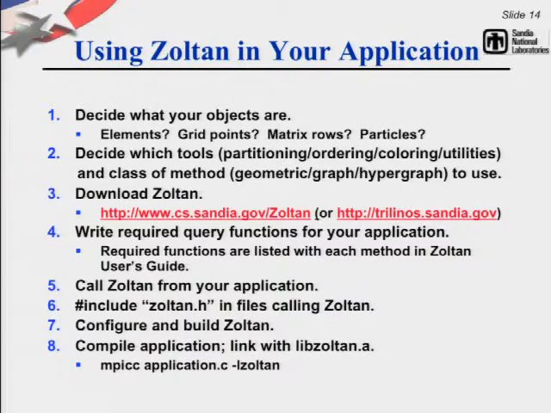Of course, you also need to include the necessary header files, and you need to configure and build it. But it's pretty simple to use because it doesn't have external dependencies. To link with Zoltan, you compile like normal and just add -lzoltan at the end, and that's all you need. You don't need to do other things.